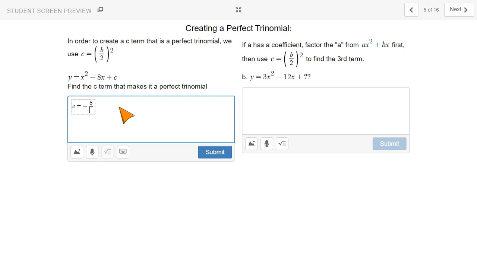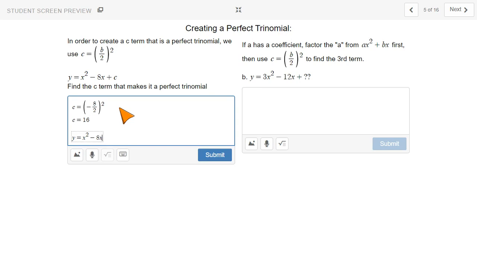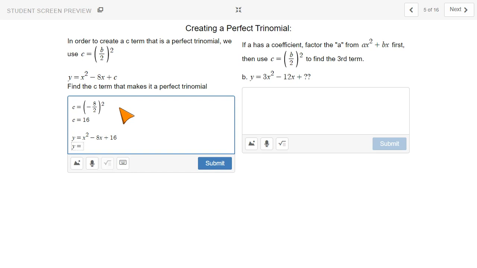So in this case, we have negative 8 divided by 2, and it's squared, so we have c is equal to 16. The equation we have, y is equal to x squared minus 8x plus 16.